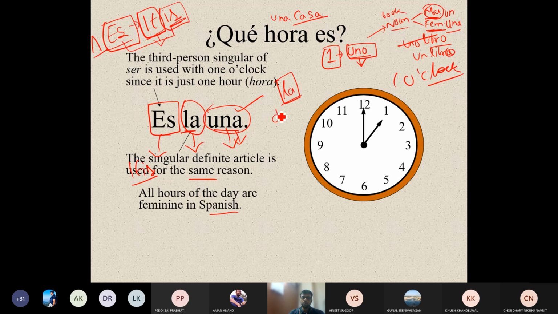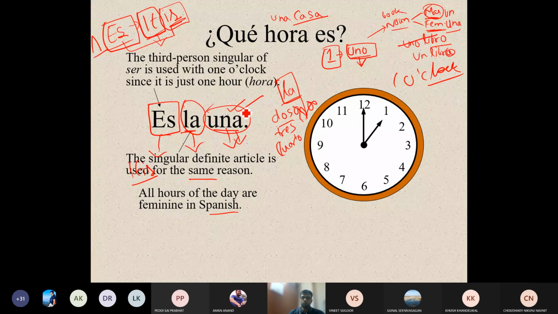It does not happen with 2, 3, 4, or whatever numbers there are. So don't make those dosa or doso. No, it does not happen. Only with 1 are we using un or una.